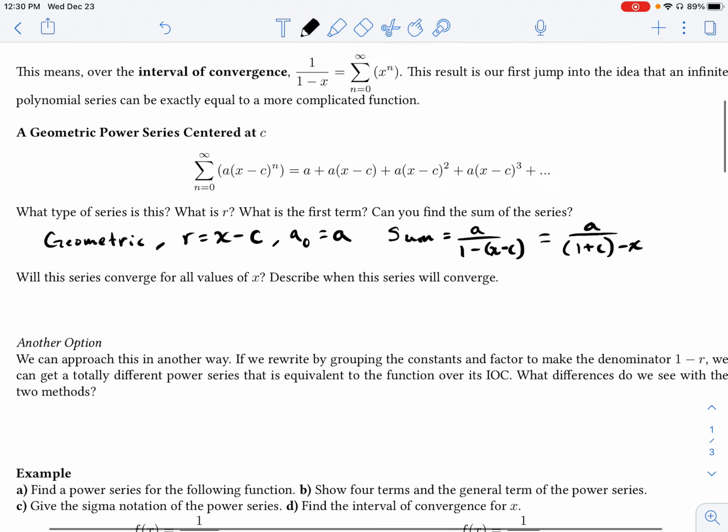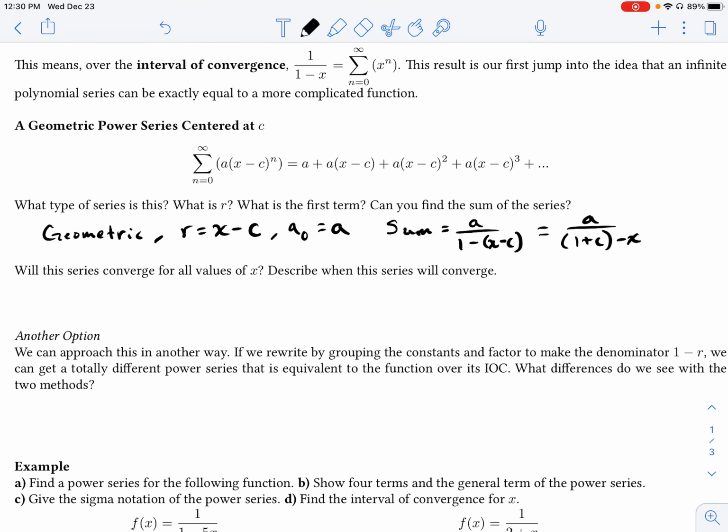So to continue, will this series converge for all values of x? Well, what do we know about geometric series? They will converge when the absolute value of our common ratio is less than 1, right?